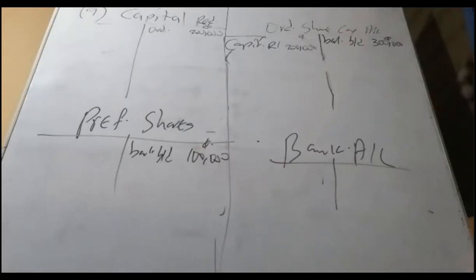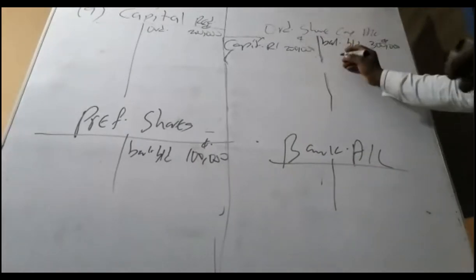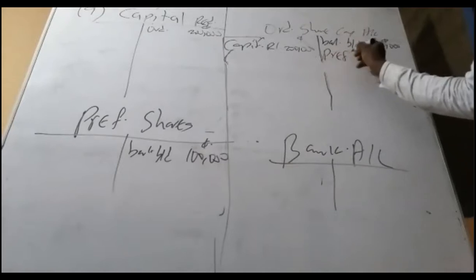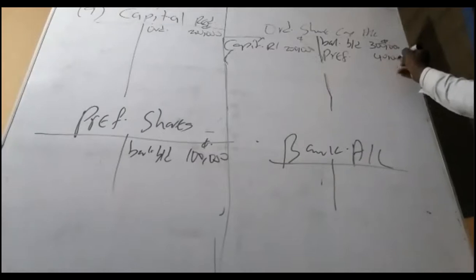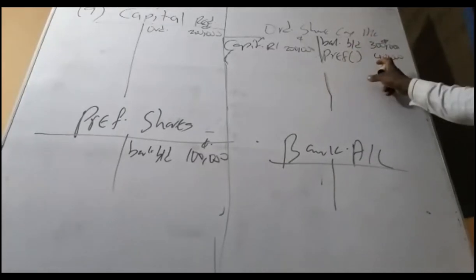So let's go to the ordinary share capital and increase it by 40,000. So we issue new shares of 40,000. Here we are using it to pay preference shares. You can show working: 40 times 1 Ghana cedi, so we get 40,000 cedis.